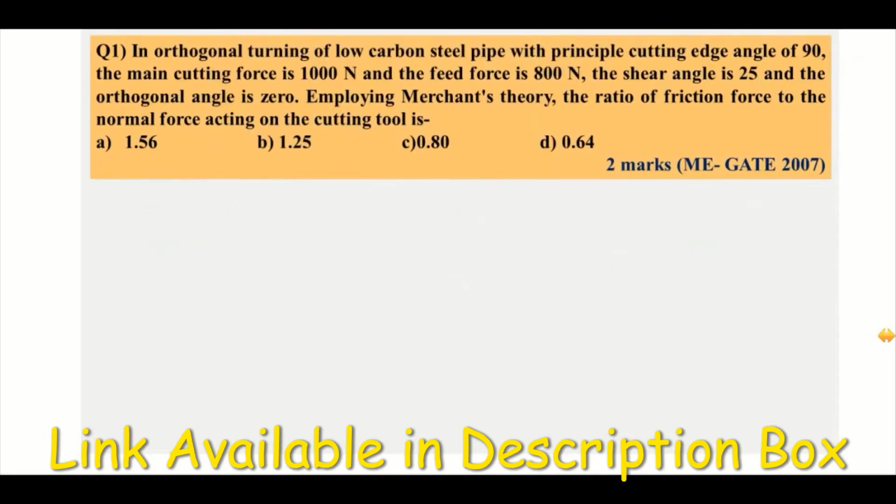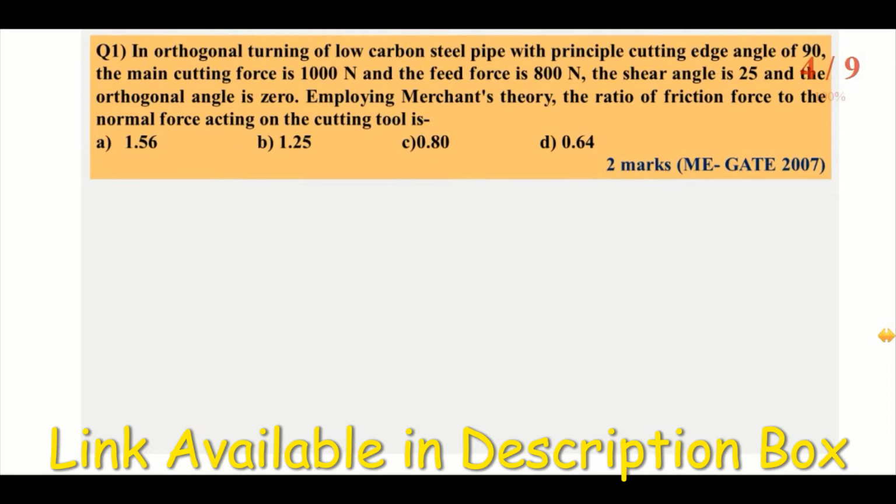Merchant theory. So the first question for mechanical engineering comes from GATE 2007 for 2 marks. What is that question? In an orthogonal turning of low carbon steel pipe with principal cutting edge angle of 90, the main cutting force is 1000 Newton and the feed force is 800 Newton.